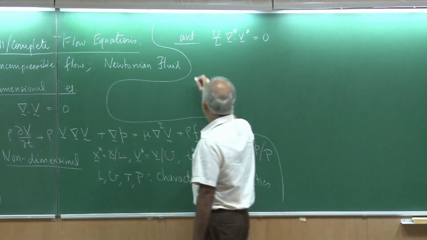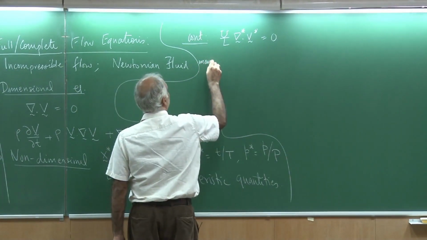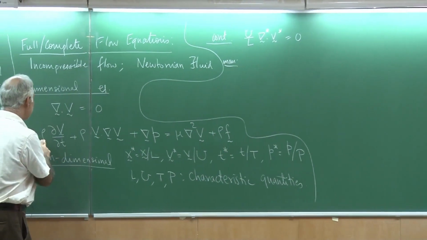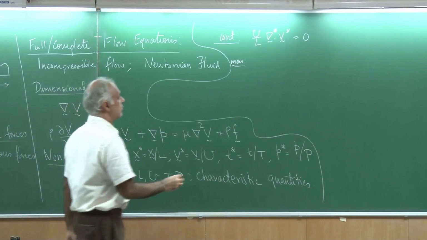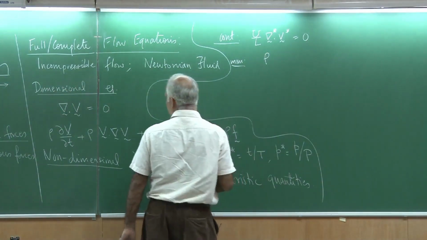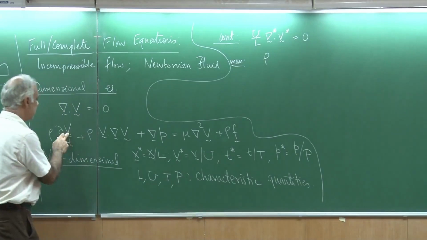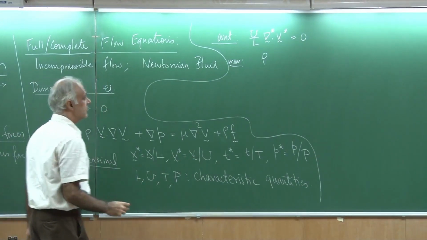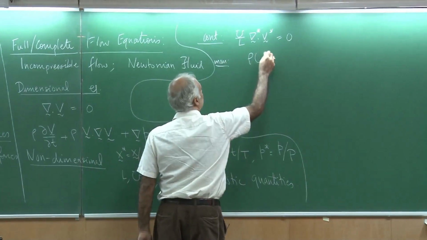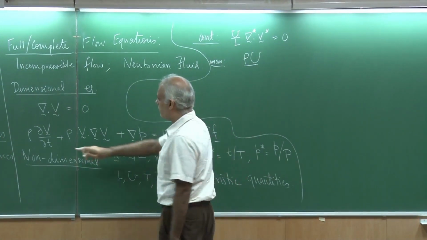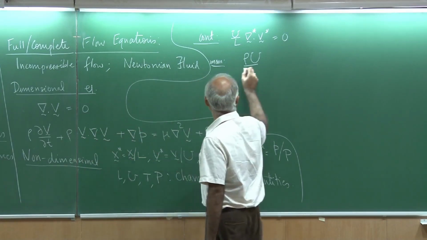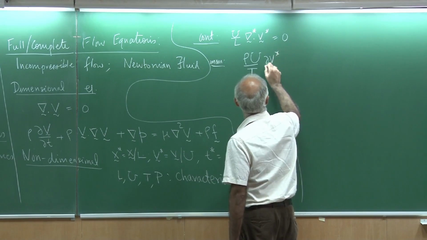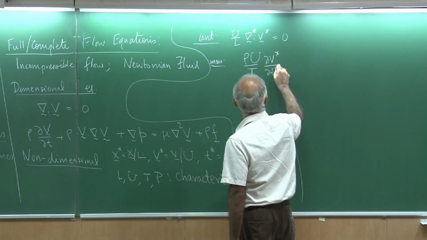All right, let me write down the momentum equation. So for the first term, I would get a rho, and for this V, I can write this as V star times U, so I get a capital U. And for the time derivative, I would get a T here, and this would be del V star by del T star.